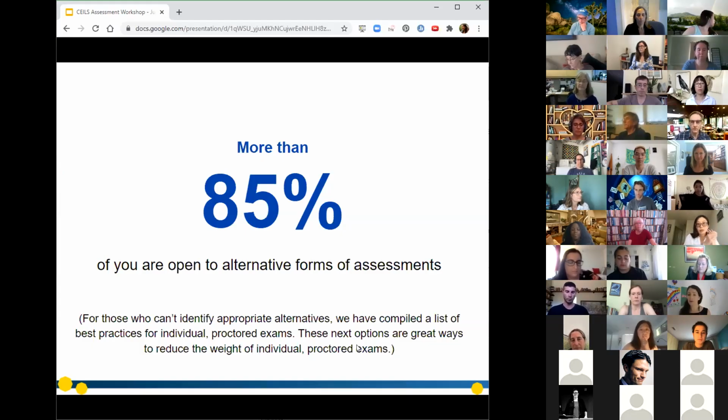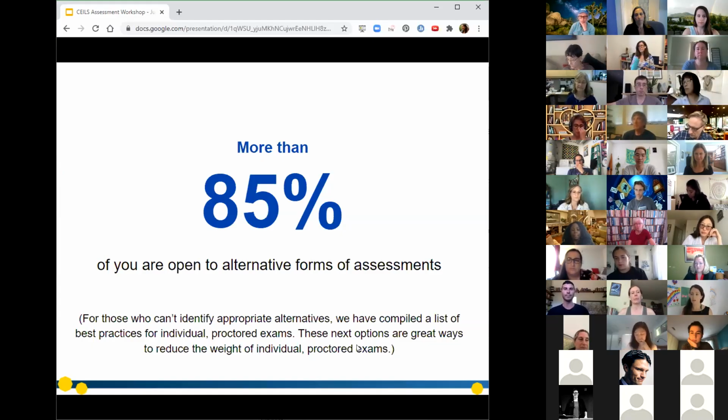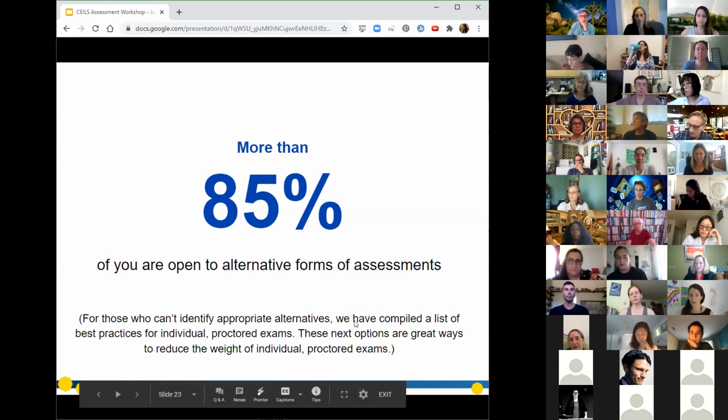And some folks said, I can't, I have to do individual remote proctoring, which makes sense. So we have best practices. But I also want anybody who has to do individual remote proctoring to think about these other options as ways to reduce the weight of that, and to allow your students to demonstrate their learning in other ways.